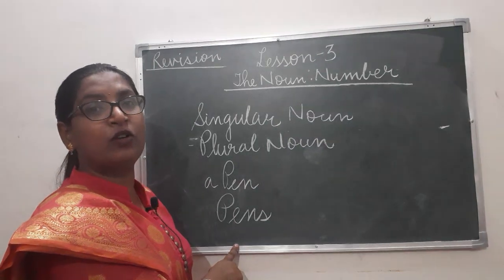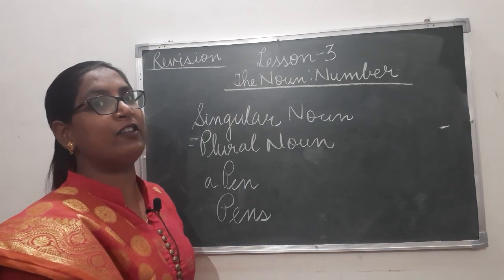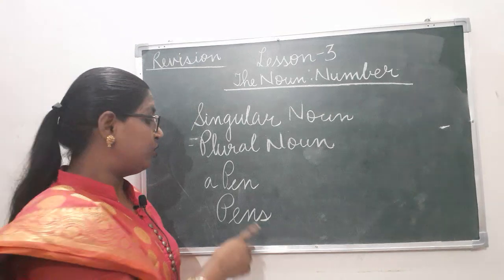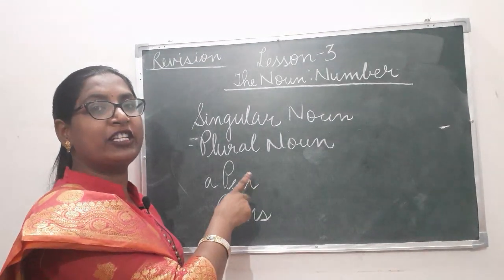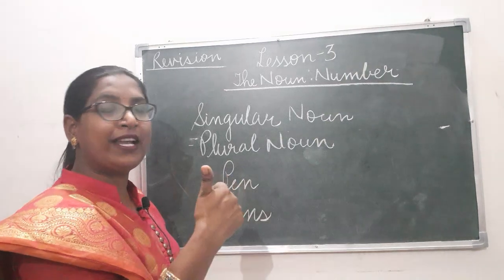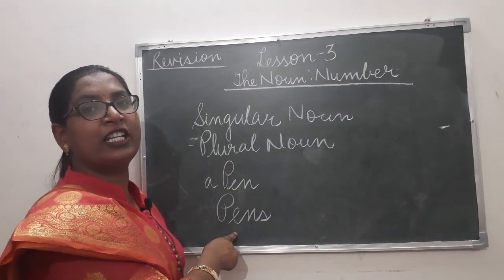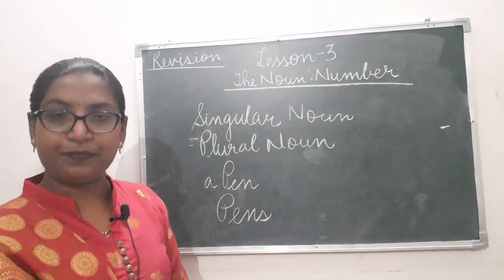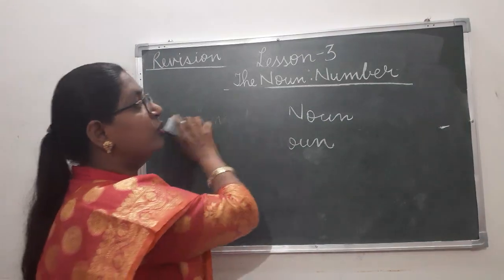Here we are talking about more than one pen. It can be 5, it can be 10, it can be 15, whatever. So the thing, person or animal which indicates one is singular in number, and which indicates more than one is plural in number. Let us see the formation of plurals.